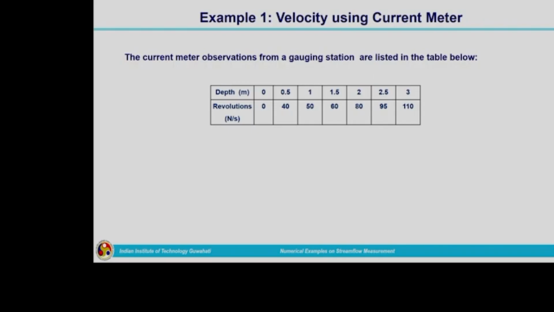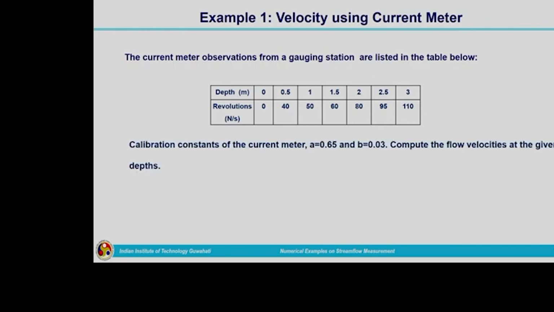These revolutions are per second. Calibration constants of the current meter: A is equal to 0.65 and B is equal to 0.03. Compute the flow velocities at the given depths. So we have been given certain depths and the corresponding current meter readings, that is rotations per second at every depth.